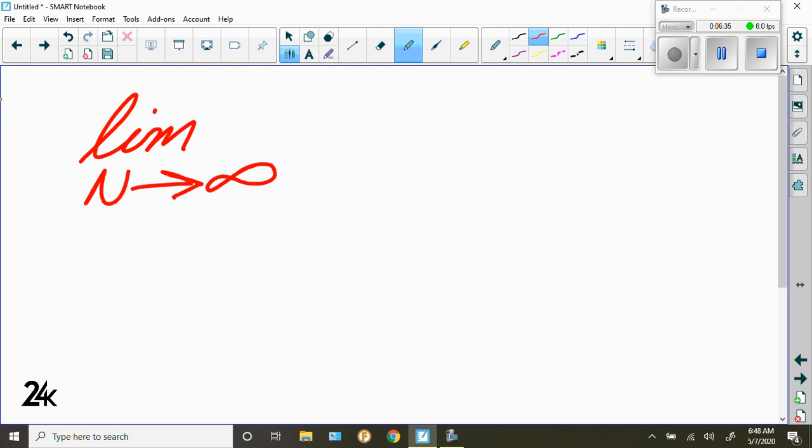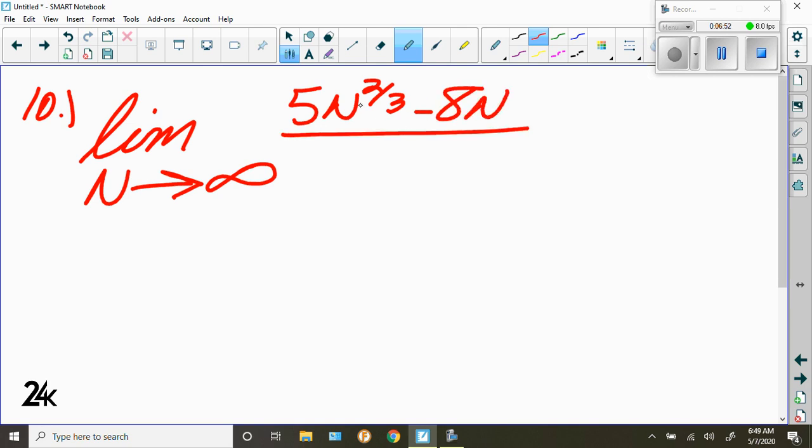Okay, so number 10 says, what's the limit as n approaches infinity of 5n to the 2/3 minus 8n, all over 6n?